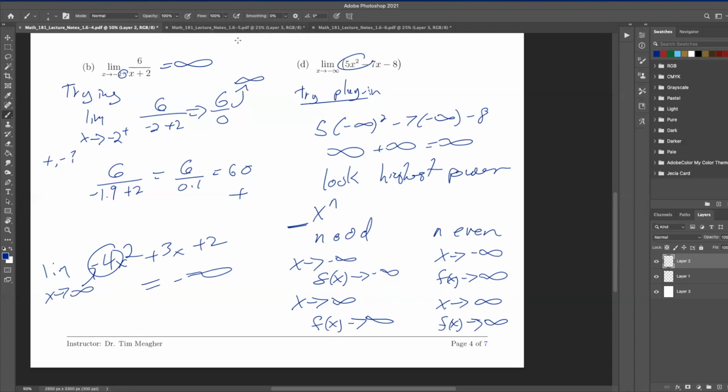All right, I'm going to take a quick break so you can finish writing this down. That's assuming you have a positive sign. If you have a negative sign, just switch all of these. This only works for polynomials.